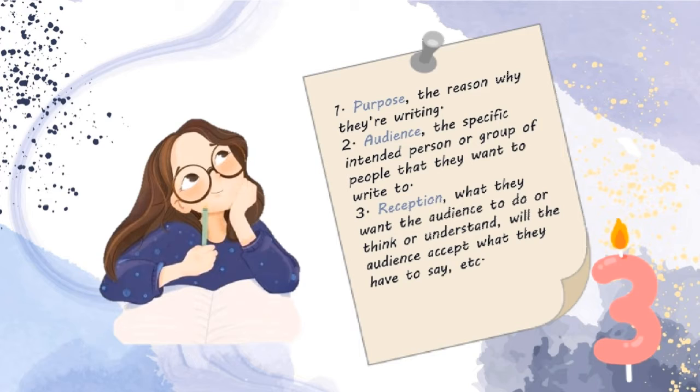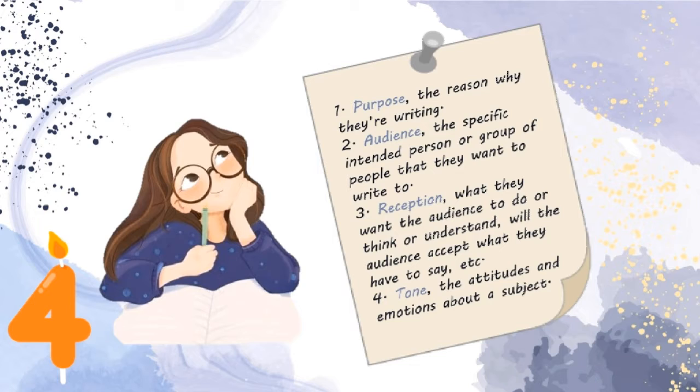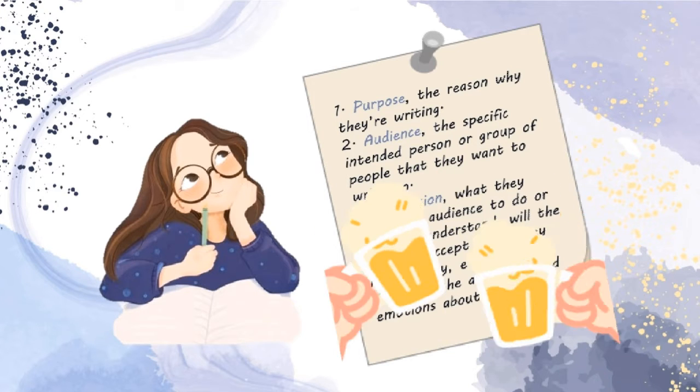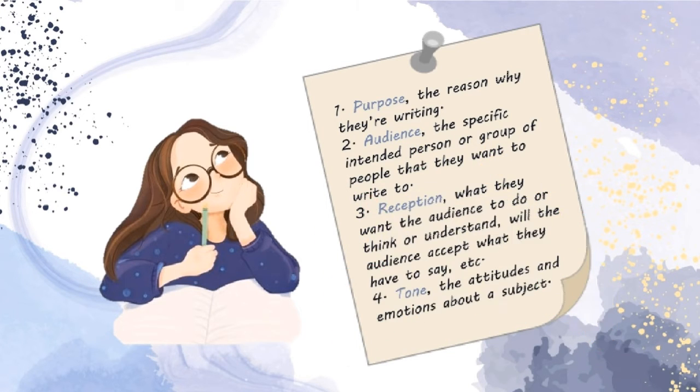Next, they think about reception, what they want the audience to do or think or understand. Will the audience accept what they have to say? And the last one is tone, the attitudes and emotions about a subject. All of these things really coincide with one another, but this video will be more focused on purpose and tone.